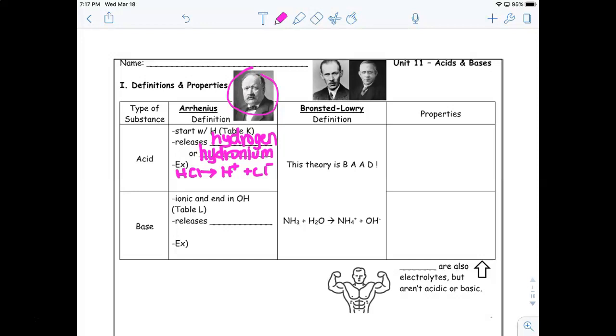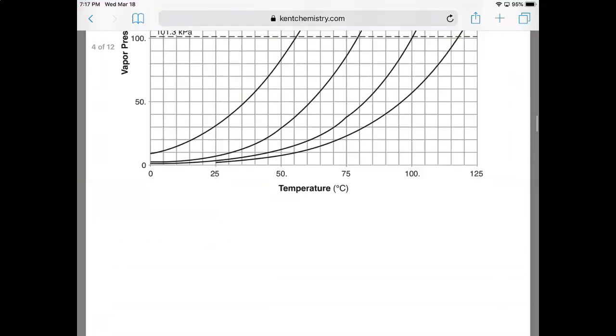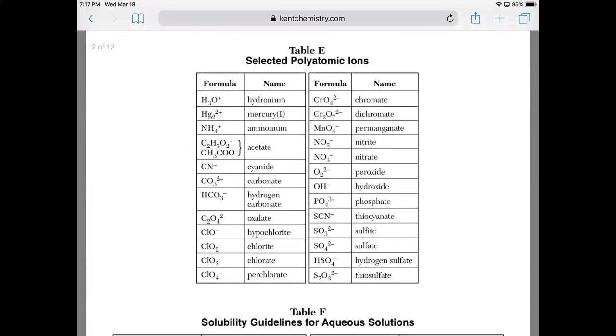Now, hydronium, if you look on Table E, and I'm just showing you guys this because a lot of it you don't have to memorize, so you don't want to make your life harder. If you find hydronium on this table, it's actually the first ion right at the top there. So water's H2O, right? When hydrogen ions are in water, instead of floating around by themselves, sometimes they add themselves onto water.